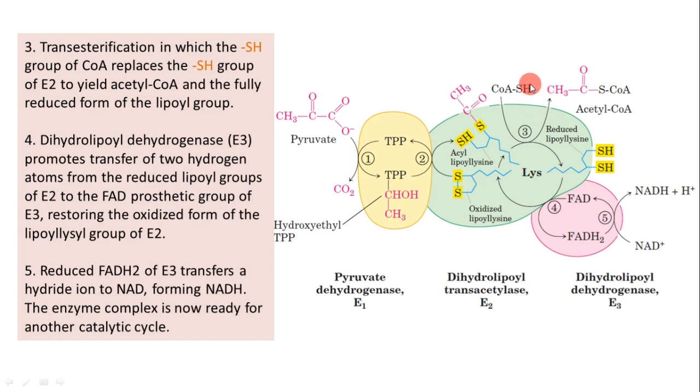That means the same enzyme, enzyme 2, dihydrolipoyl transacetylase, will transfer the acetyl group from this acetyl lipomide to coenzyme A. Thereby the CH3CO group from the lipomide is transferred to coenzyme A. You know, in coenzyme A there is an SH group, and to that SH group the CH3CO group will be bonded.